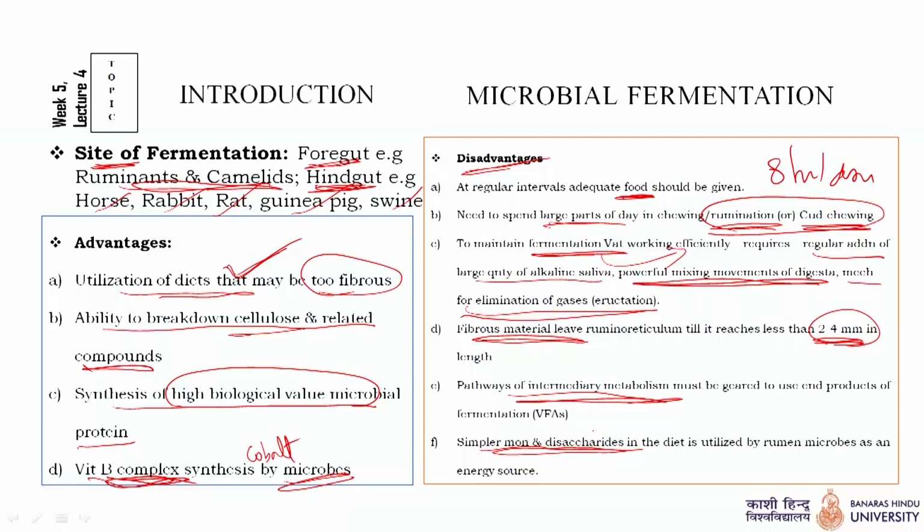But this glucose is ingested by the microbes for their survival. On the other hand, these microbes help in the release of the enzymes required to digest the fibrous material, and they are able to produce a high biological value microbial protein. That is how the symbiotic relationship exists, right? So that is how it is acting as an energy source.